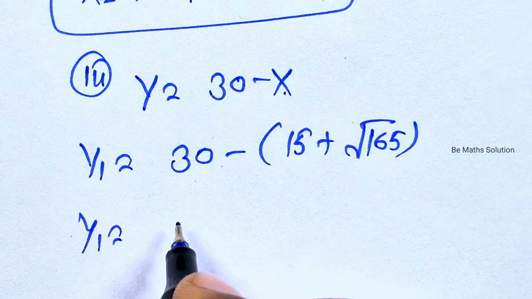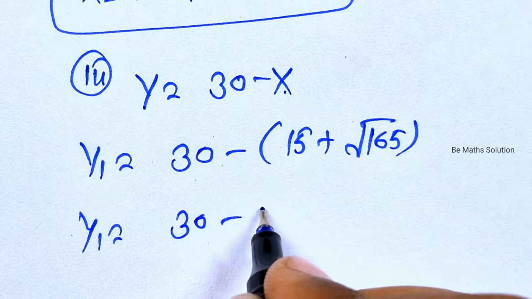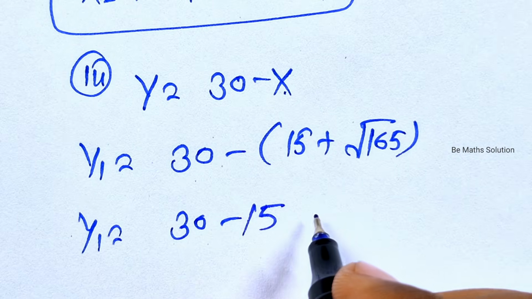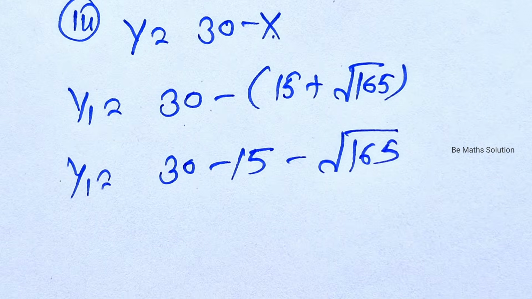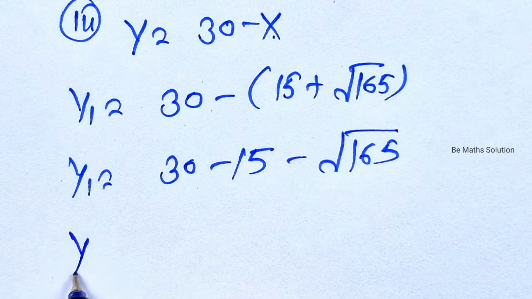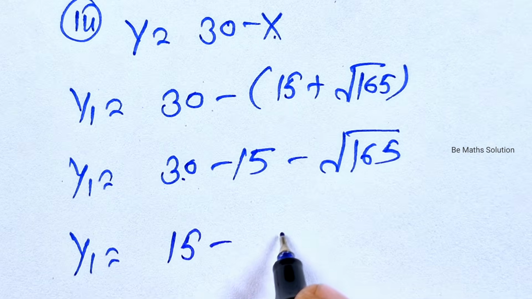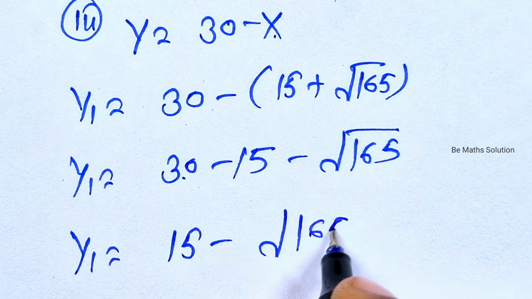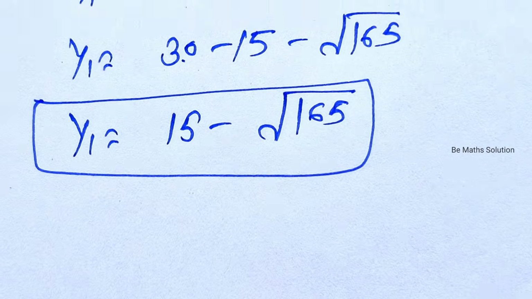Then y1 is equal to 30 minus 15 minus square root 165, it is 15 minus square root 165. This is the value of y1.